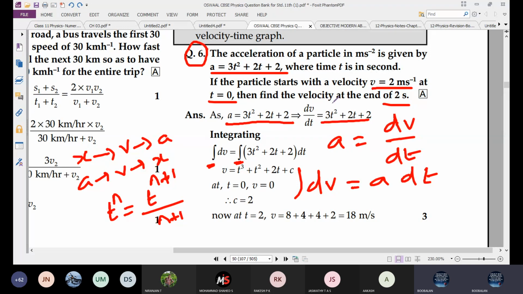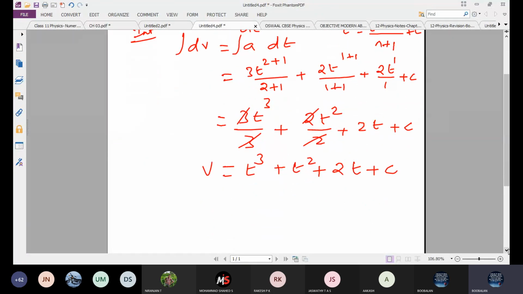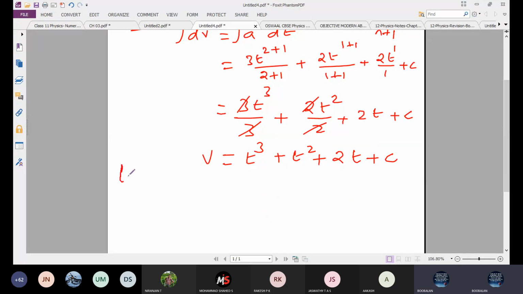At t value 0, velocity is 2 meter per second. V value 2, t cube is 0, t square is also 0, 2t is also 0. Then only the C value remains. C equal to 2.